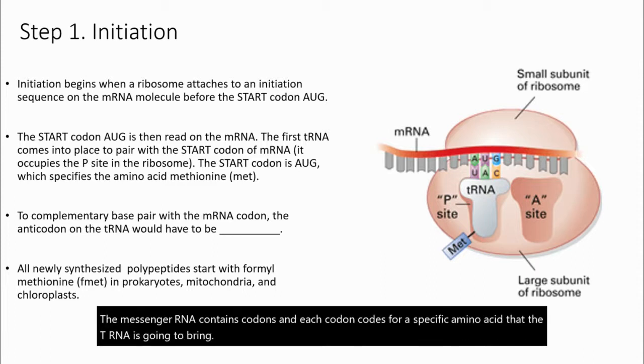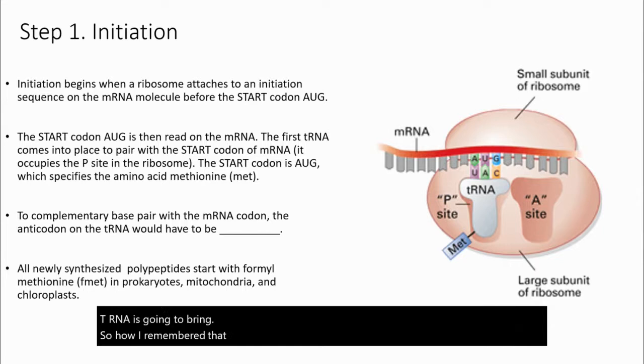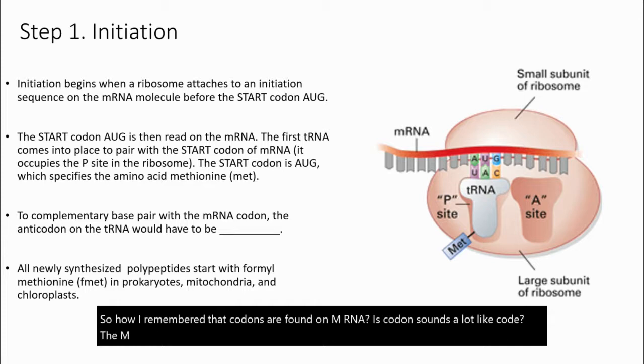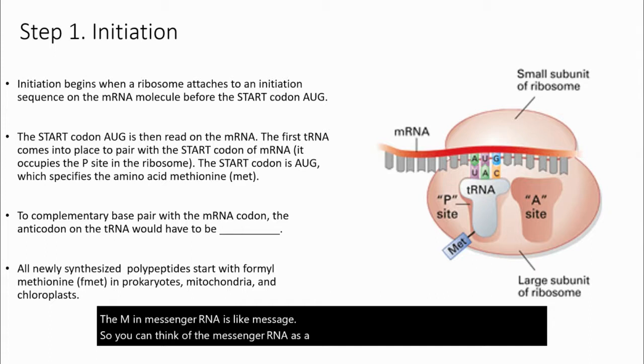So how I remember that codons are found on mRNA is codon sounds a lot like code. The M in messenger RNA is like message. So you can think of the messenger RNA as a coded message. Okay, coded message. So the codons are on the messenger RNA.